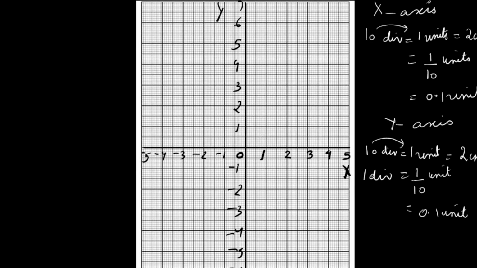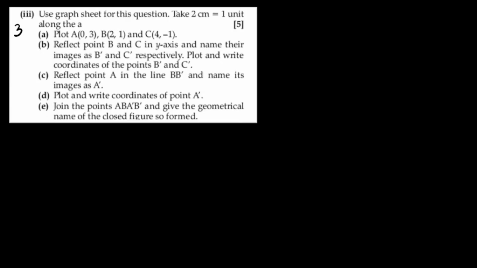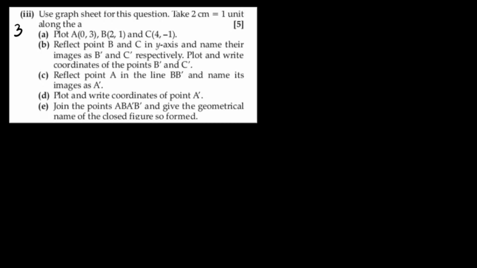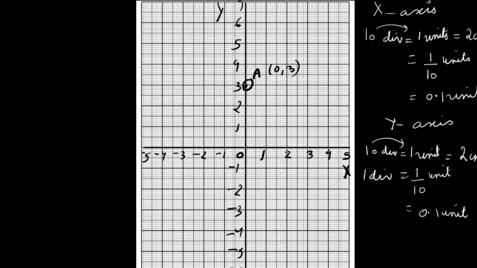Okay, now let's plot points. So A is 0, 3. 0 on x-axis, straight we have to go. So this is point A. You have to write its value also. Then B is 2, 1. On 2 on x-axis, and straight we have to go up because 2, 1.